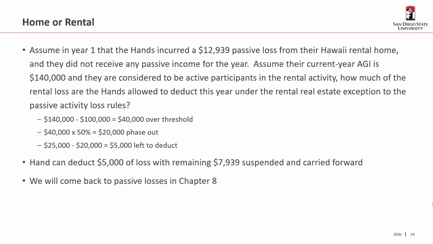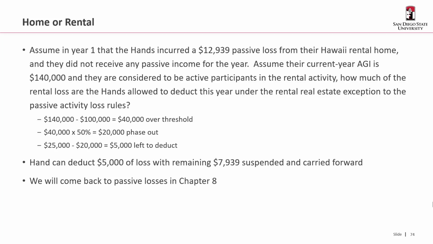By how much? Well, it's $40,000 over the threshold. This phase out is 50 cents for every dollar over the threshold. So you take the $40,000, multiply it by 50 cents or 50%, and you get a $20,000 phase out. We reduce the annual limitation of $25,000 down to $20,000, leaving $5,000 left to deduct.